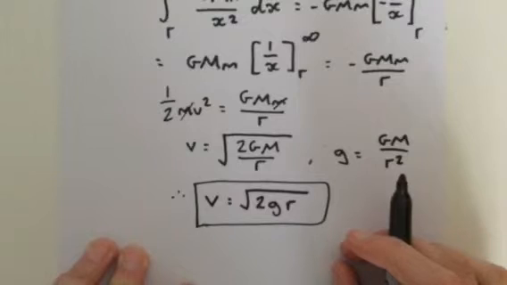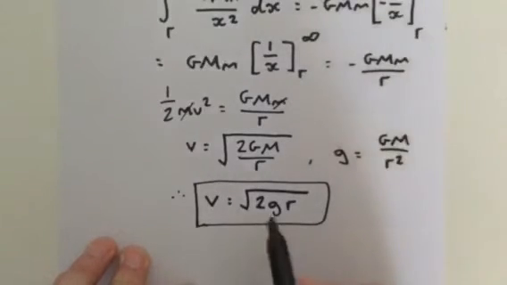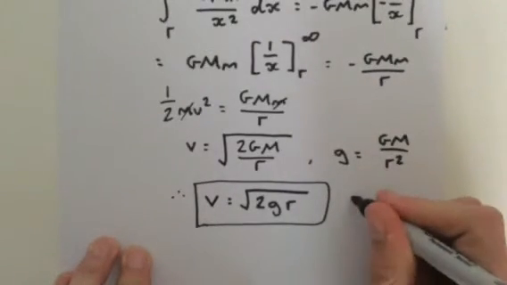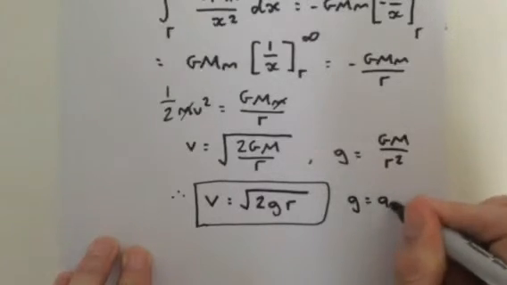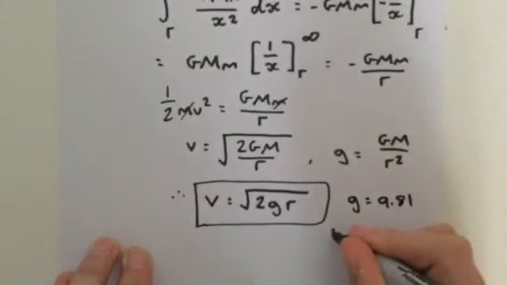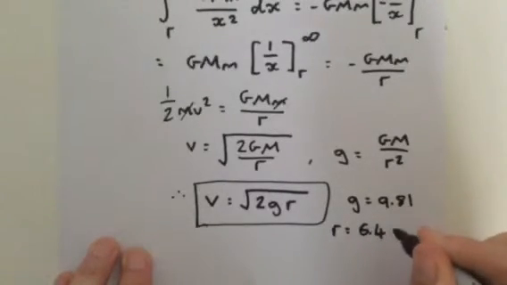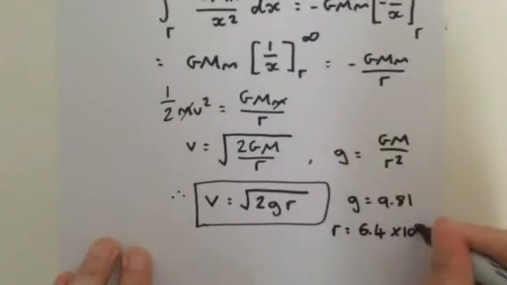If we substitute r and g, g for the Earth is 9.81 meters per second squared, and the radius of the Earth is approximately 6.4 times 10 to the 6 meters.